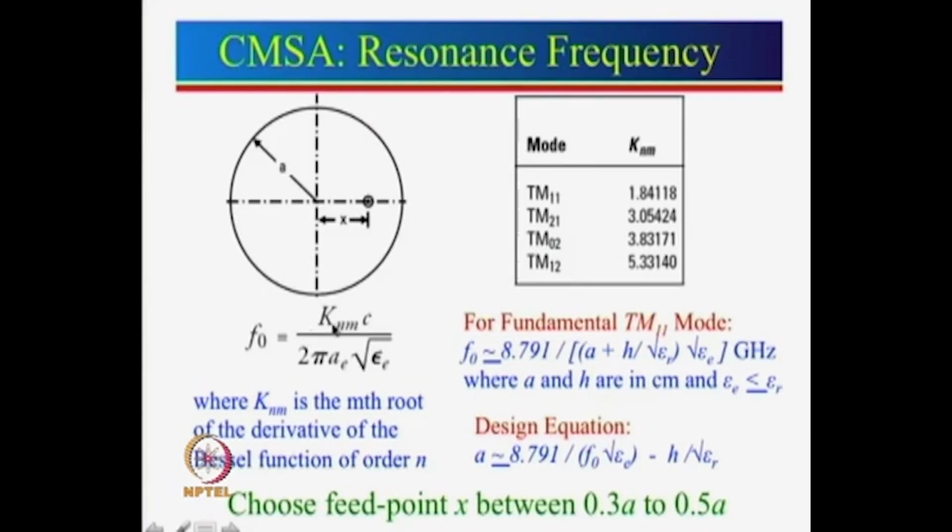Now there is one new term compared to the rectangular microstrip antenna, which is KNM. KNM is nothing but the mth root of the derivative of the Bessel function of order n. Now these Bessel functions come into account because in case of a rectangular patch, we had seen Bessel function did not come in, because a rectangular patch is defined by length L and width W, and along the length the variation was sinusoidal.